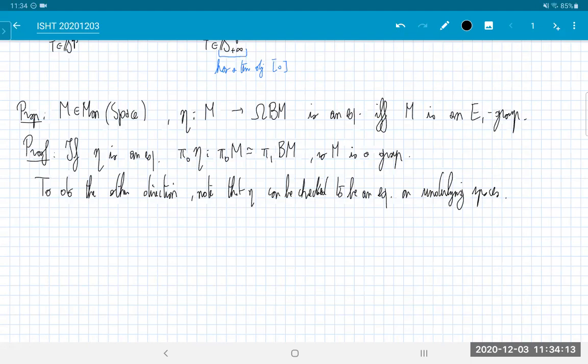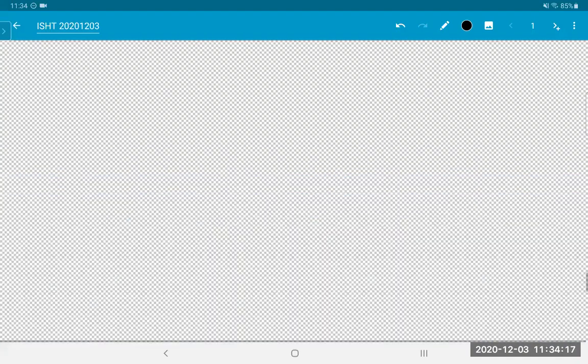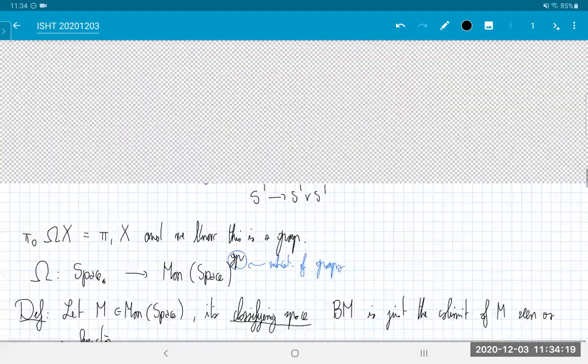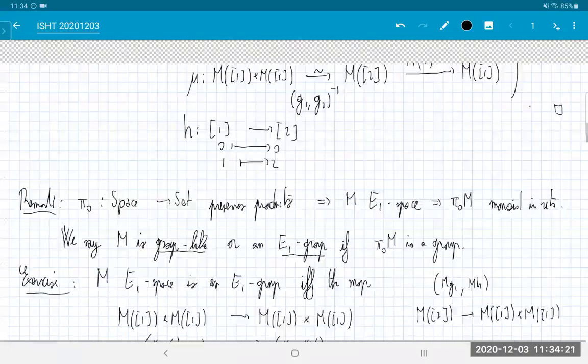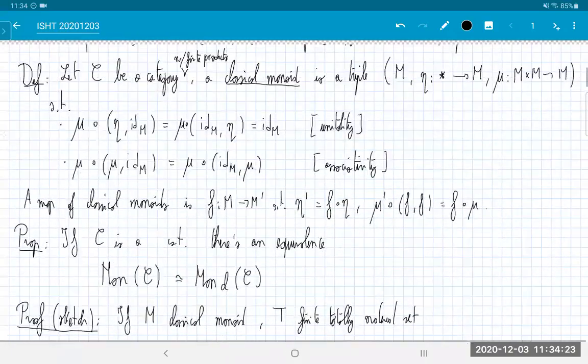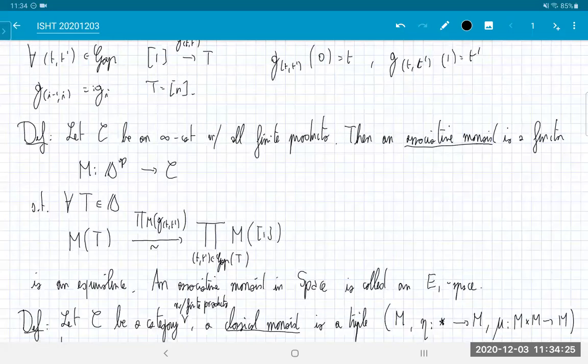But if you remember back when we defined it, the value of M on any point is determined by the value of M on 1. And so it's enough to check after evaluating on 1.